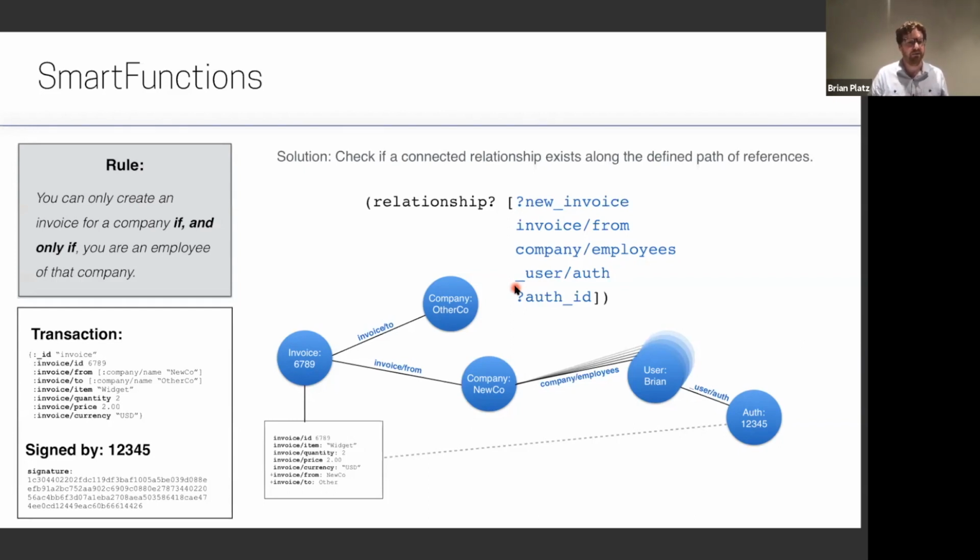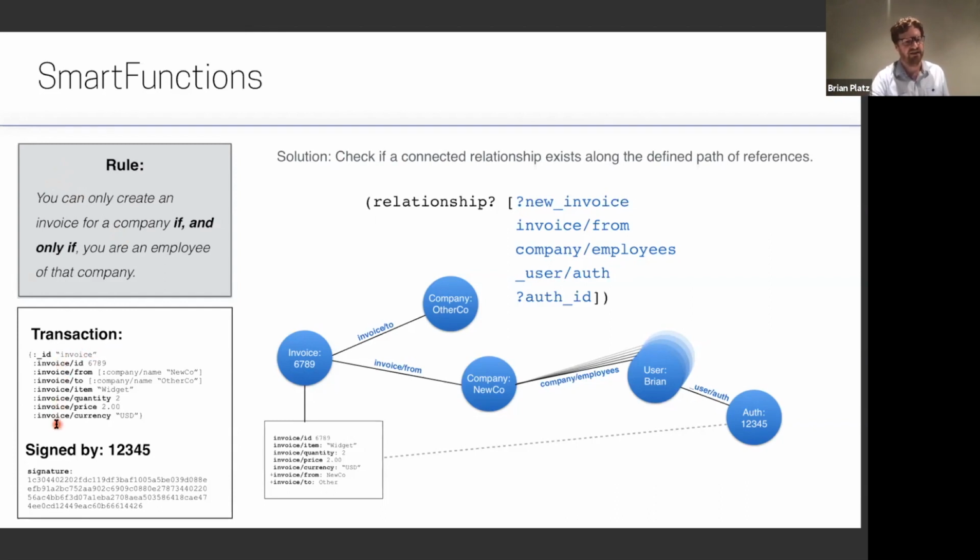And this simple example I have here is a rule for, for example, a multi-company supply chain network, and you want this rule to say only an employee from a company can create an invoice from that company. Meaning you can't have people creating invoices for other companies on the network, only your own company. So that's a simple rule.